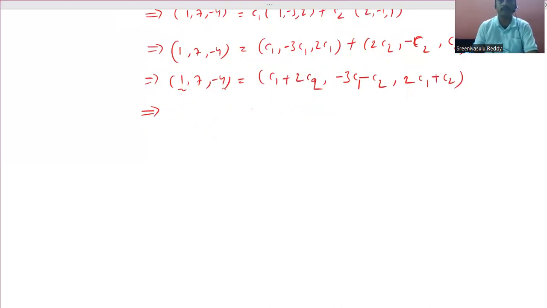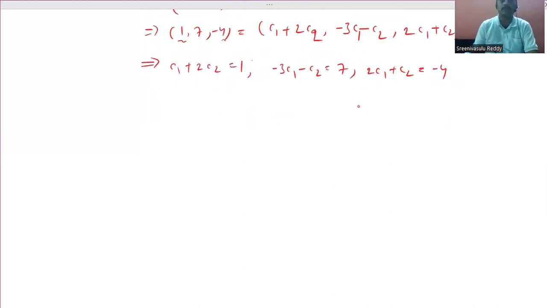From this we get C1 plus 2C2 equal to 1, minus 3C1 minus C2 equal to 7, and 2C1 plus C2 equal to minus 4. So what about the C1 and C2 values? There are two variables but we have 3 equations. We are happy: we require two independent equations, and now we have three equations.